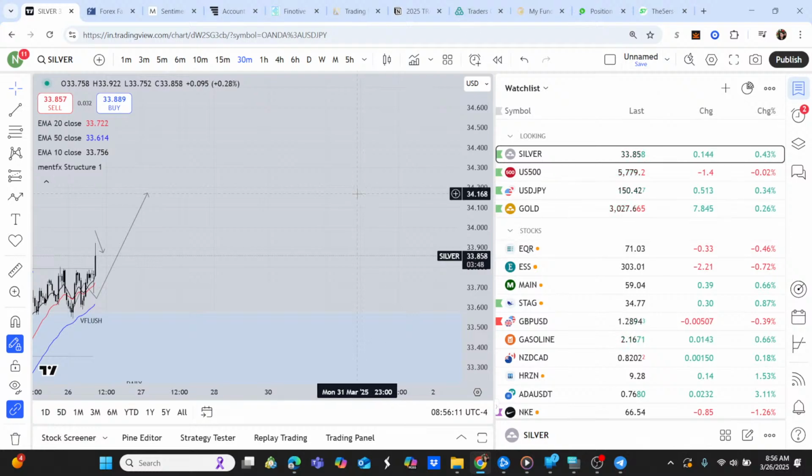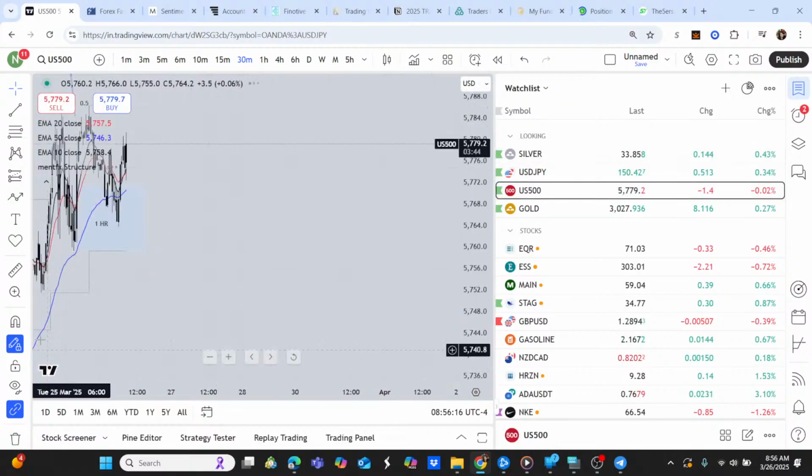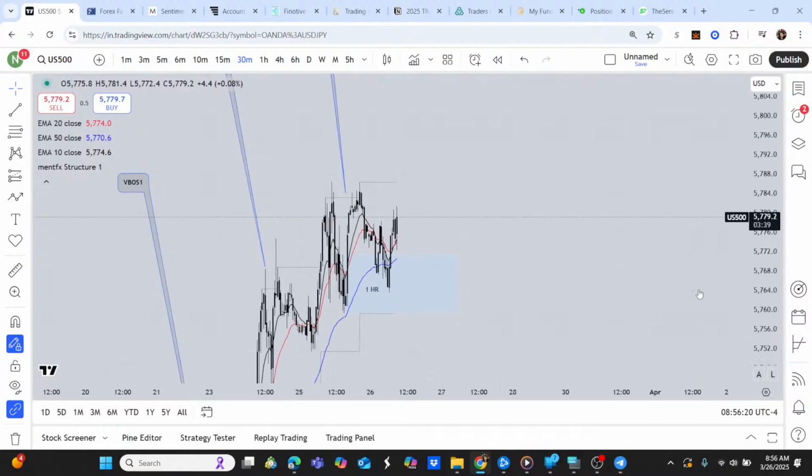All right, so we analyzed silver, we analyzed USD JPY. I added US 500 to it. It started looking a little bit good.